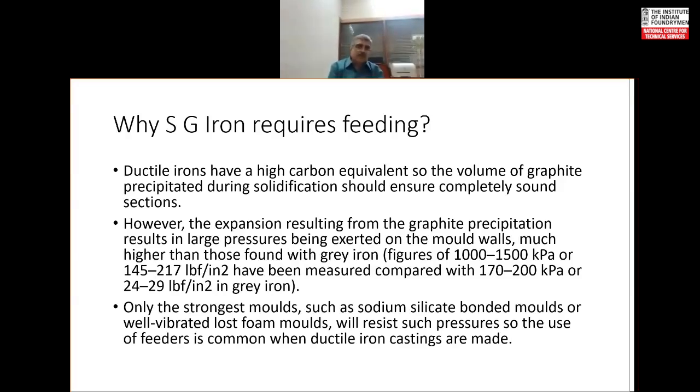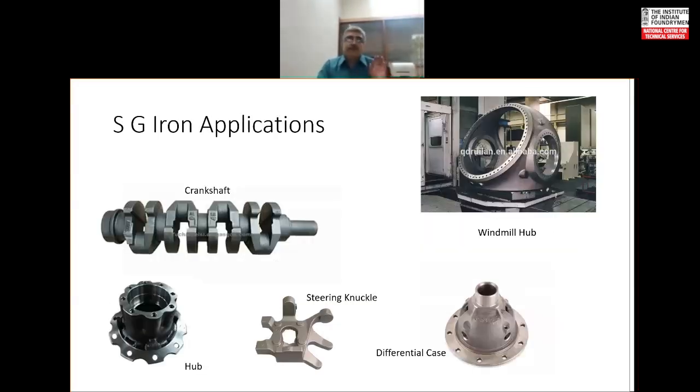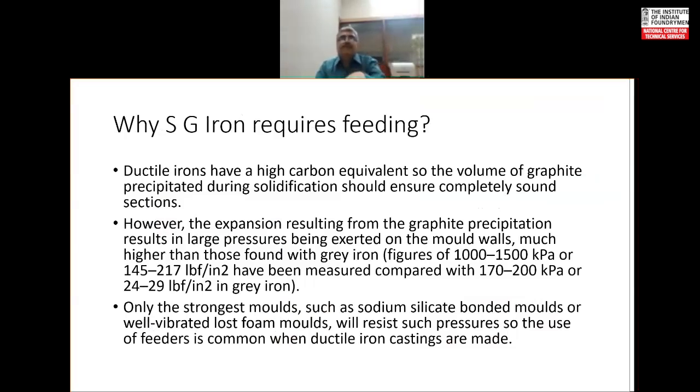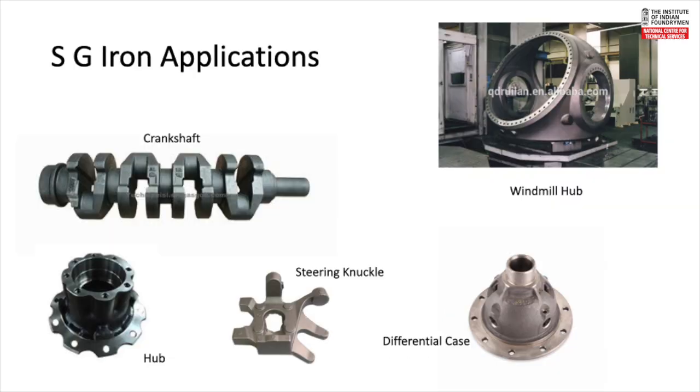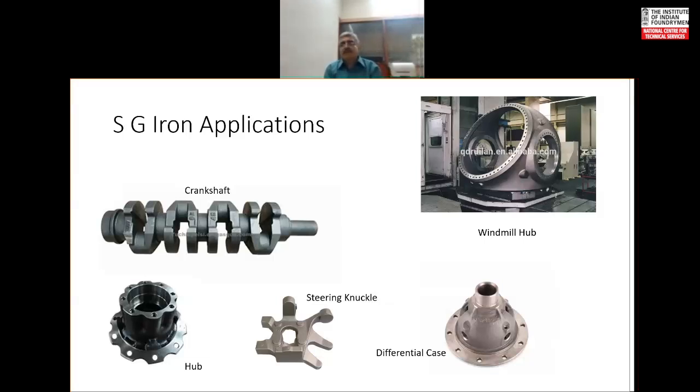Otherwise, use of feeders is very common in ductile iron castings. I'm not going to get into details of the methoding. There can be a separate conversation on that. Here are some common ductile iron applications: crankshafts and hubs and steering knuckles and diff cases and calipers and large windmill hubs and so many.